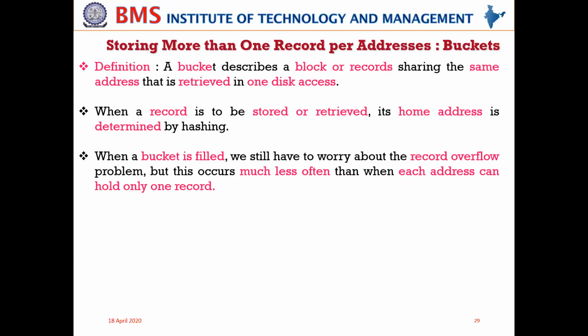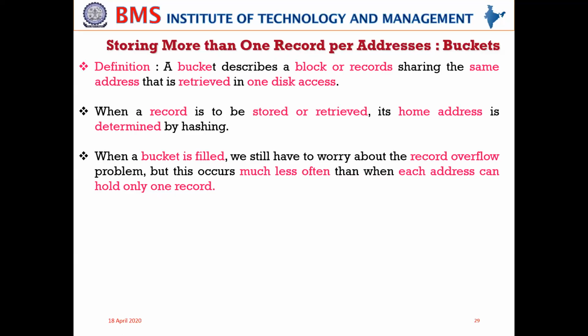Suppose when I want to store the fourth record, I give the key value as input to the hashing algorithm, and assume the fourth record also generates the same bucket address where the previous 3 records are stored. We assumed the capacity of each bucket is 3 records, so definitely the fourth record I cannot store.